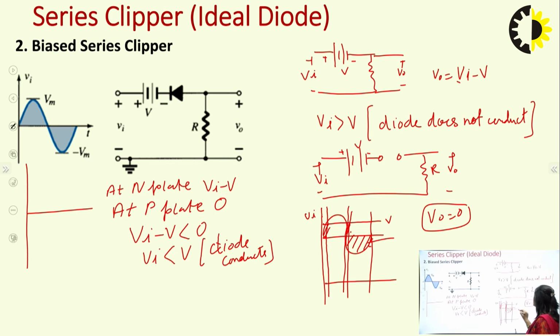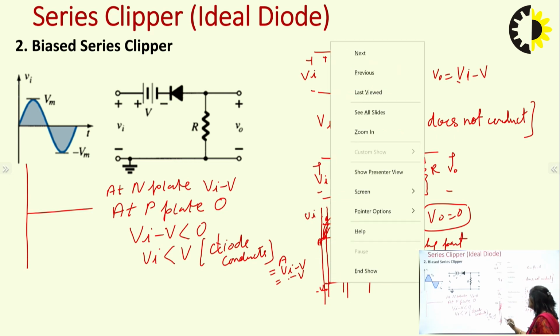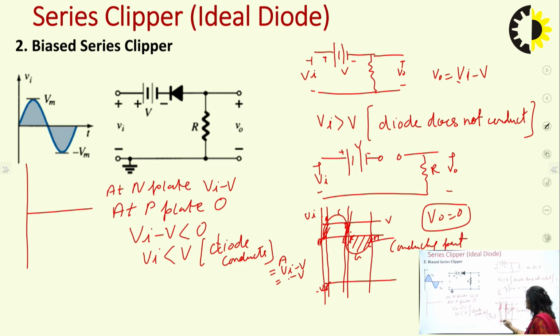So this part is conducting, and in the conducting part the output is Vi minus V. Let us take these points as A, B, C, D, E, F, G and H. At point A, the output is Vi minus V, and here Vi is 0, so it would be minus V. At point B, Vi is equal to V, so the output would be 0.